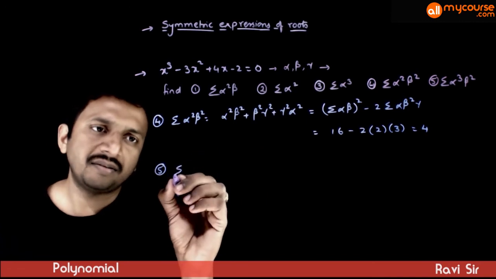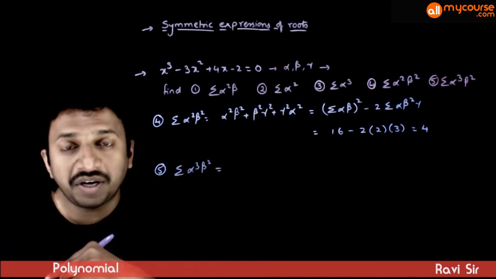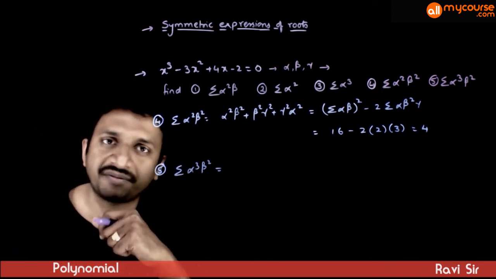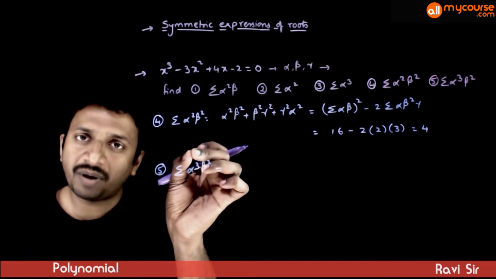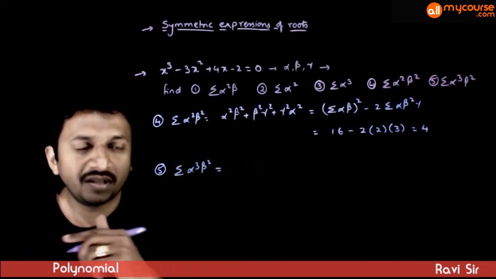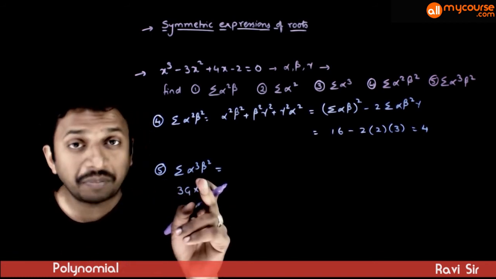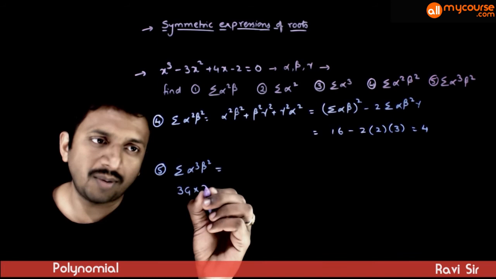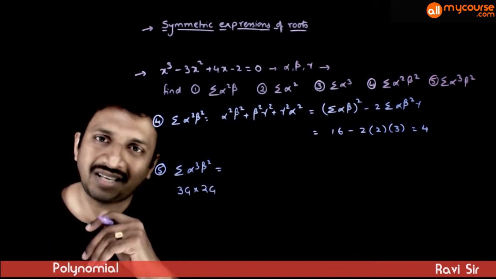Next, sigma alpha cube beta square. How many terms does this expansion have? You need one root to be selected to give a power of 3 and another root to be selected to give a power of 2. So one root can be selected in 3C1 ways, and from the remaining 2, one root can be selected in 2C1 ways. So 3 2s are 6.